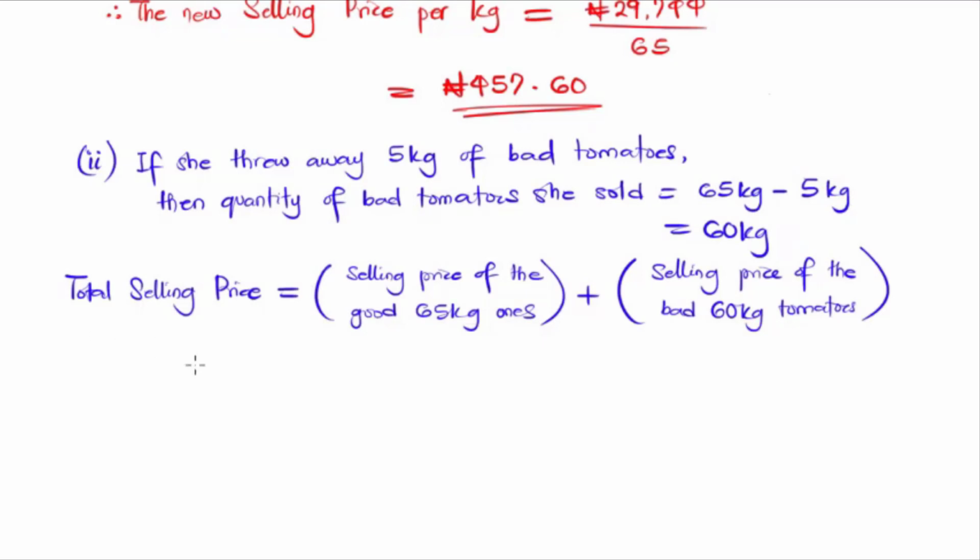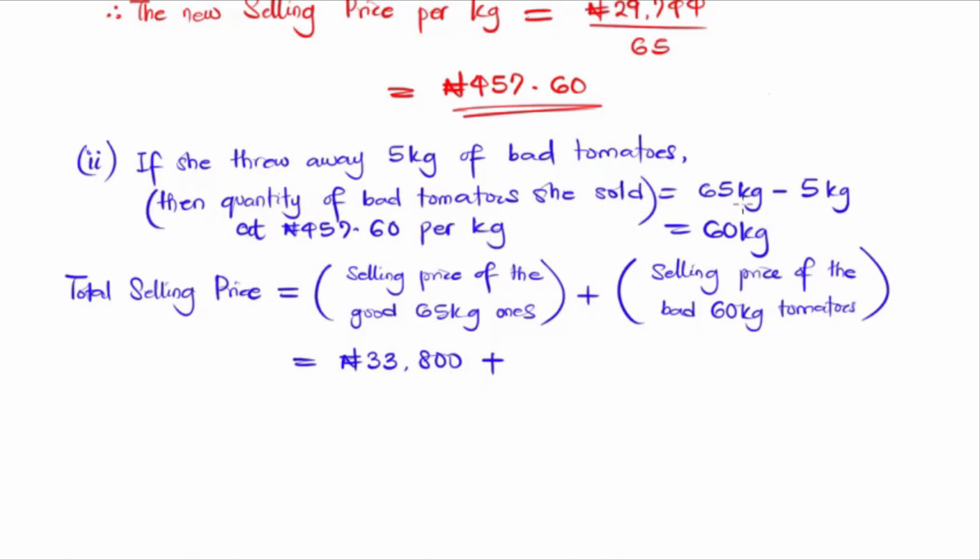So now, we have found the selling price for the good 65 kilogram initially as 33,800. Then the selling price for the bad 60 kilogram tomatoes will be 60 kilograms multiplied by the price per kilogram, because like initially, from where we are coming from, the quantity of bad tomatoes she sold was sold at 457 naira 60 kobo per kilogram.